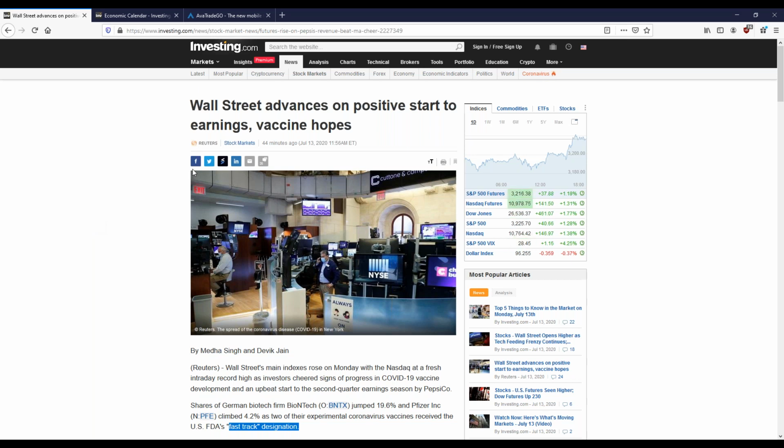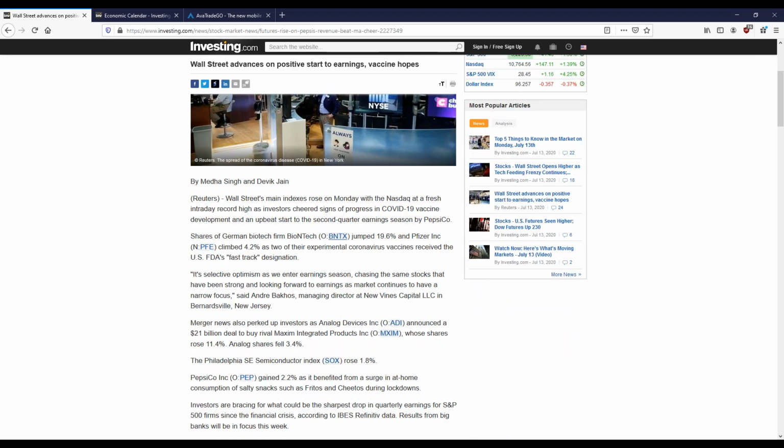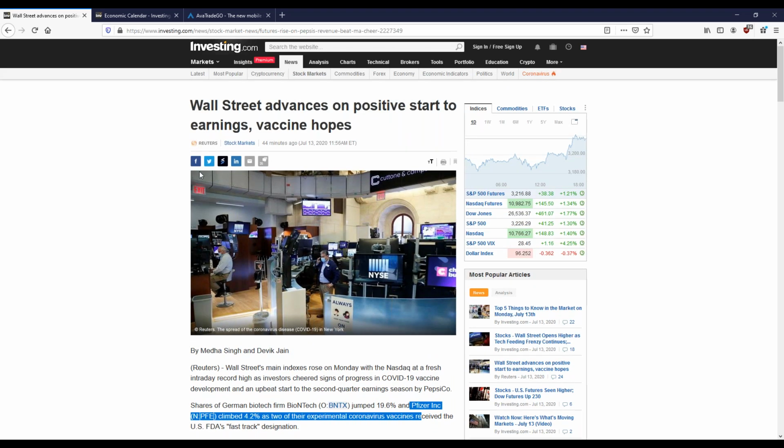And so vaccine hopes, and these are vaccines that are being developed in different places around the world. If you look, a German biotech firm, Pfizer, and other places. So positive news there. And then we've got earnings season, and there were some positive numbers that came out on a couple companies. Okay, and so this is starting the week off with momentum.